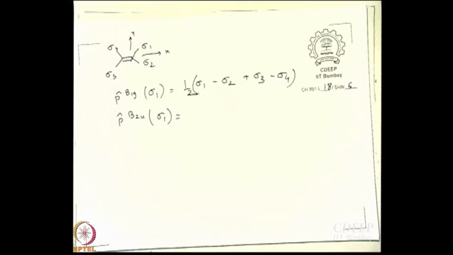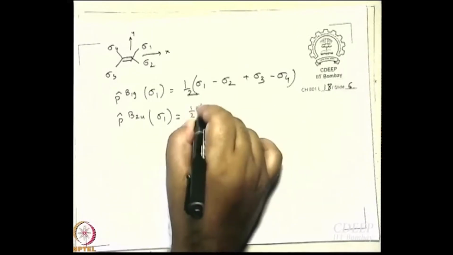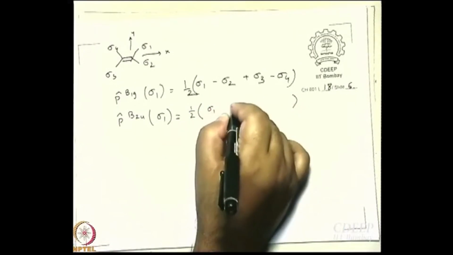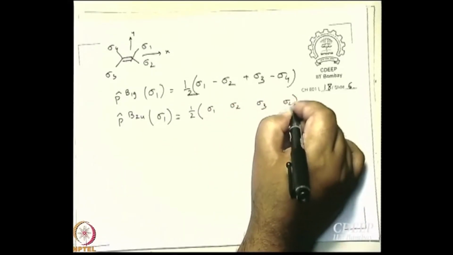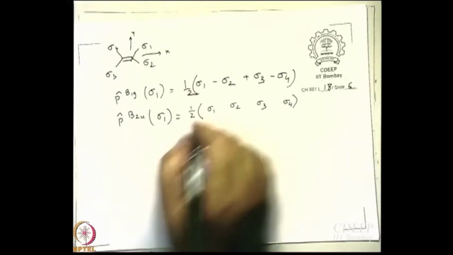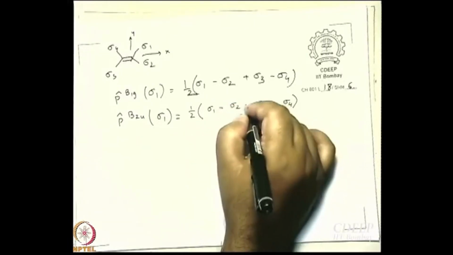Make it operate on sigma 1 and tell me what you get. I will write the half outside for you. Sigma 1 minus sigma 2 minus sigma 3.